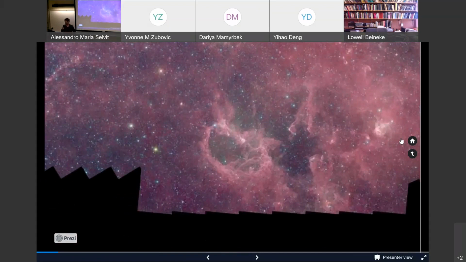We called these wind-blown bubbles because we developed a model where a hot star, a massive star, was helping to create this through its ultraviolet radiation. I want to talk about today computer simulations to understand these wind-blown bubbles, and then data science tools that helped compare our computer simulations against our observations.